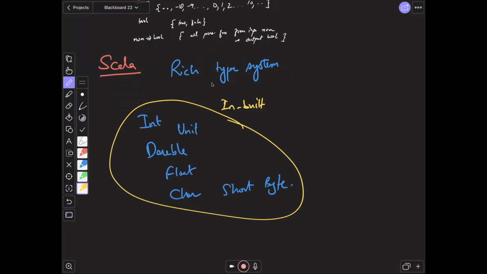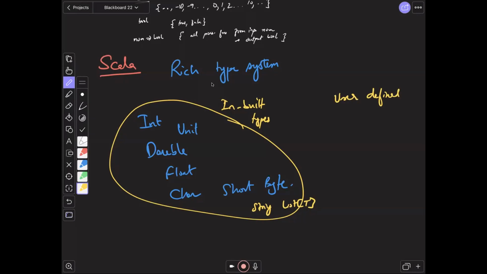There's nothing special about them, but these are already types that are provided to you. String is an example. List, which is a parametric type. You can take in list of any type. So you have these types that have been provided to you already, and then you have your user-defined types.